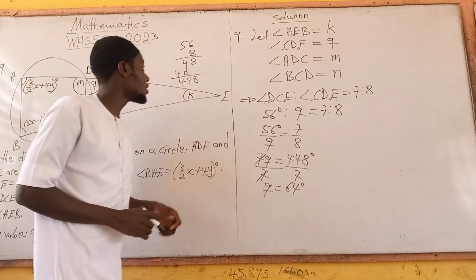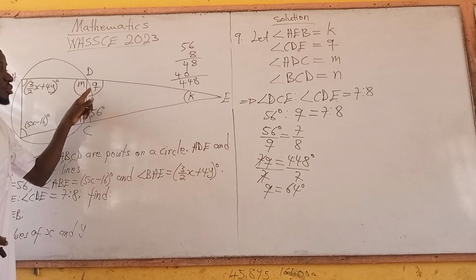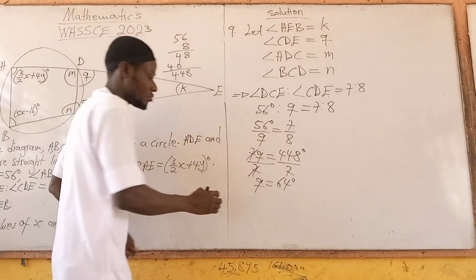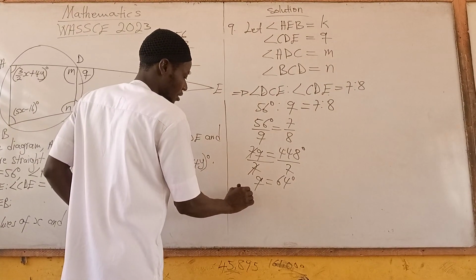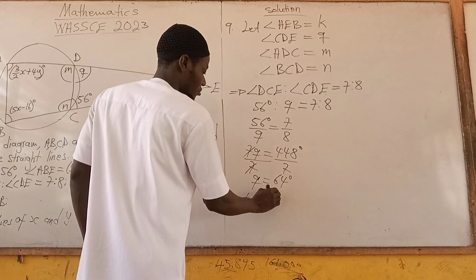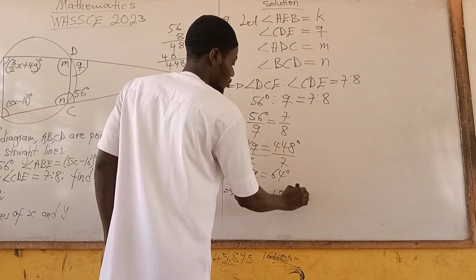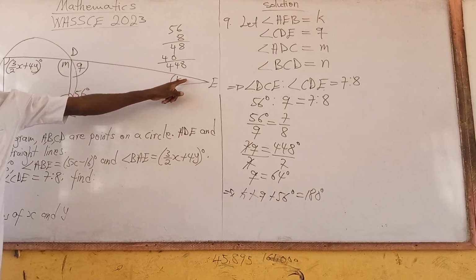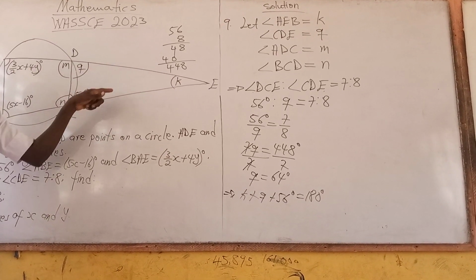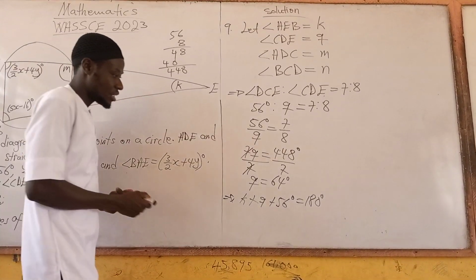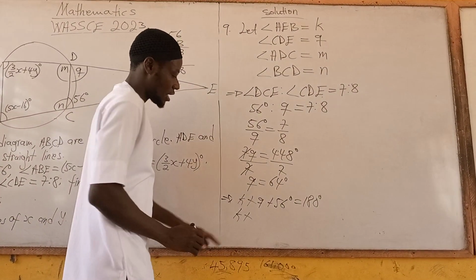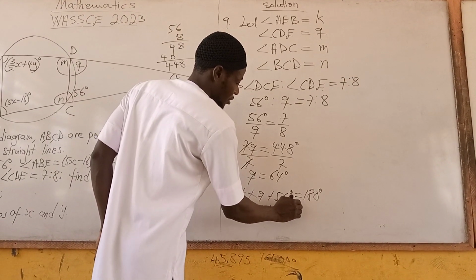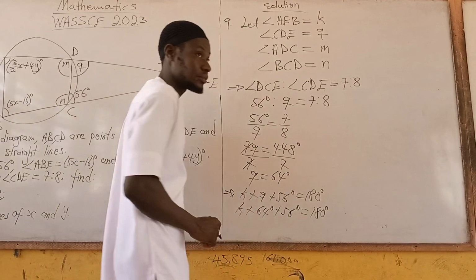So if Q is 64 degrees, then we can use the sum of the interior angles of the triangle to find P. So P plus angle Q plus angle 56 degrees should be equal to 180 degrees. That's a triangle. So P plus 64 degrees plus 56 degrees is equal to 180 degrees.